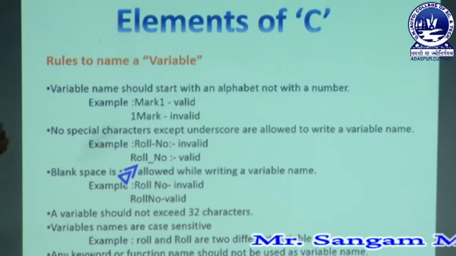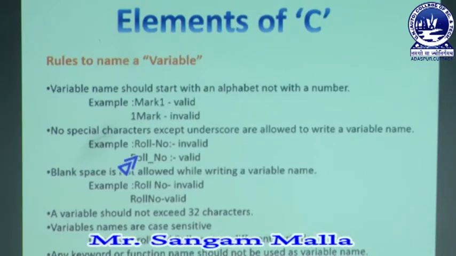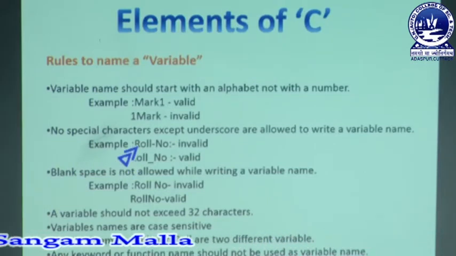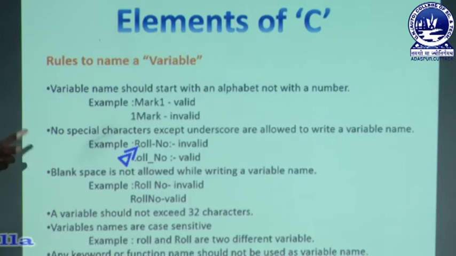That means we cannot use any other special character except underscore. If I write roll-number using a hyphen symbol, then it becomes invalid, but when I write the same roll_number using underscore, then it will be valid, because it is the rule of variables that any special character except underscore will not be allowed within a variable name.